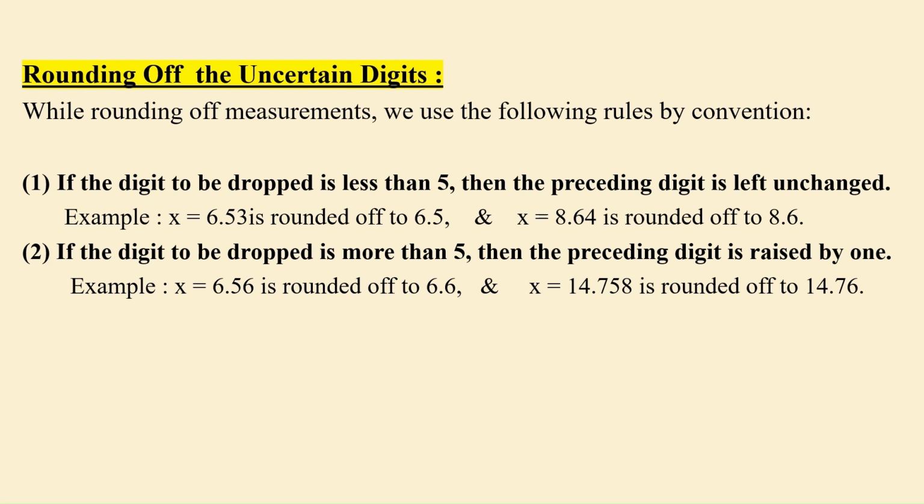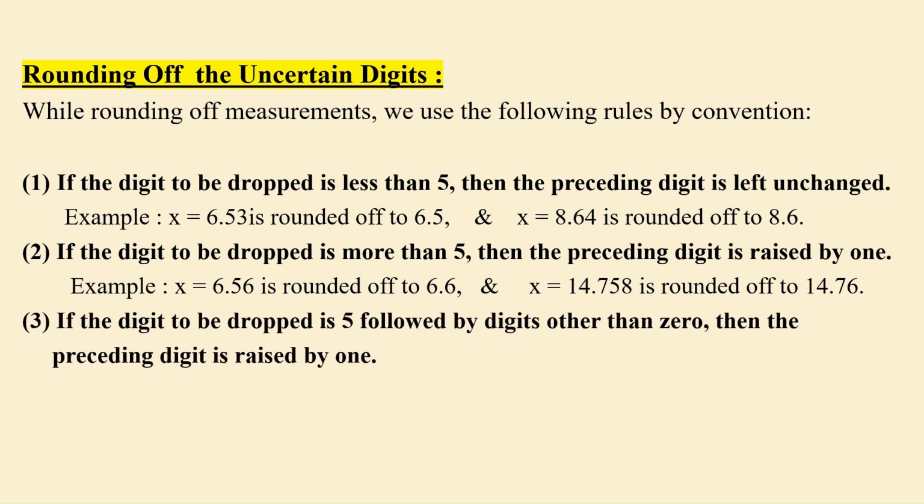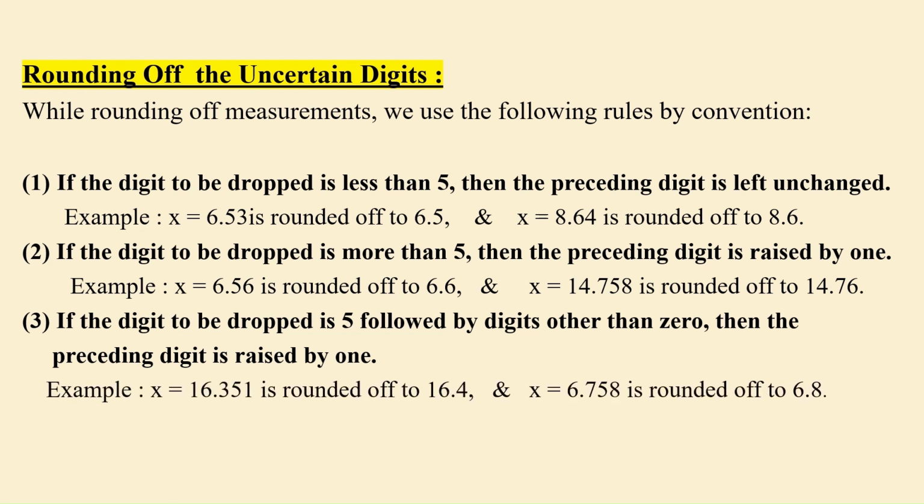3. If the digit to be dropped is 5 followed by digits other than 0, then the preceding digit is raised by 1. Example, x is equal to 16.351 is rounded off to 16.4, and x is equal to 6.758 is rounded off to 6.8. 4.